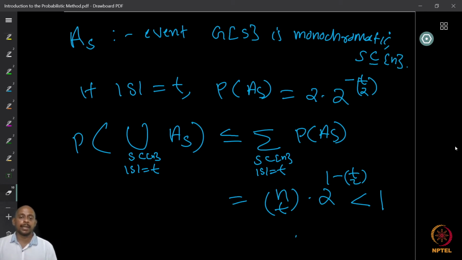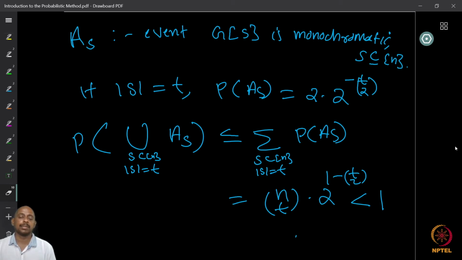What is the union of AS? AS is the event that a fixed subset is monochromatic. The union of AS is that at least one of them is monochromatic. We are finding an upper bound for that probability: it is less than or equal to n choose t into 2 raised to 1 minus t choose 2.